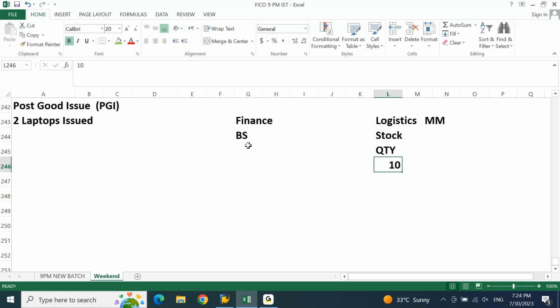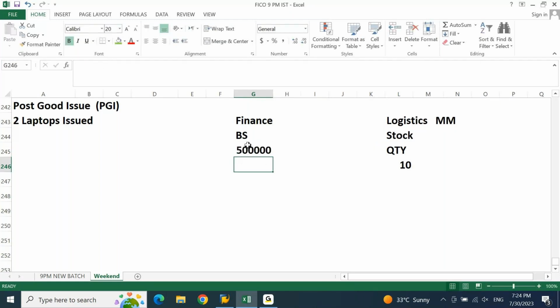I would say each laptop is costing me some 50,000. My balance sheet will show 10 multiplied by 50,000. This is what is currently represented in my balance sheet. Are these two figures clear before issuing the stock? Yes.